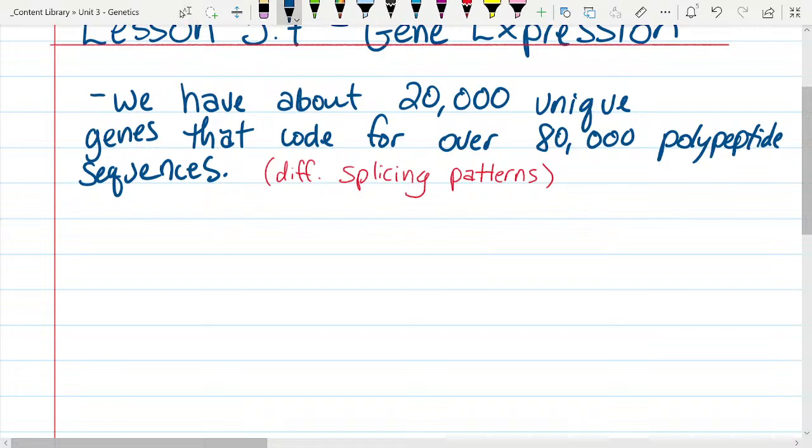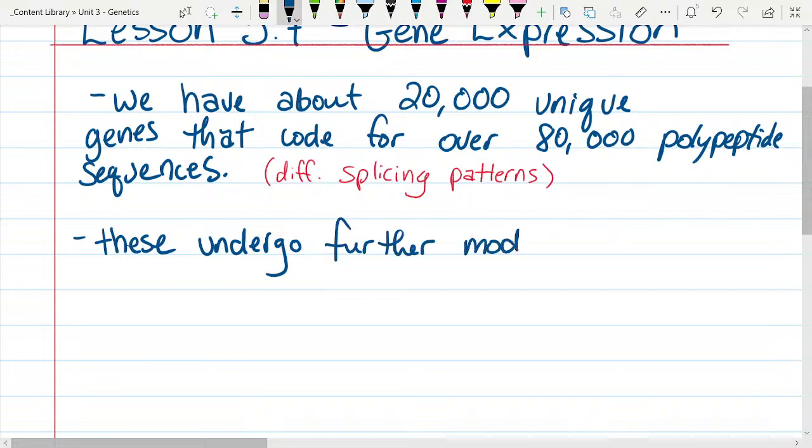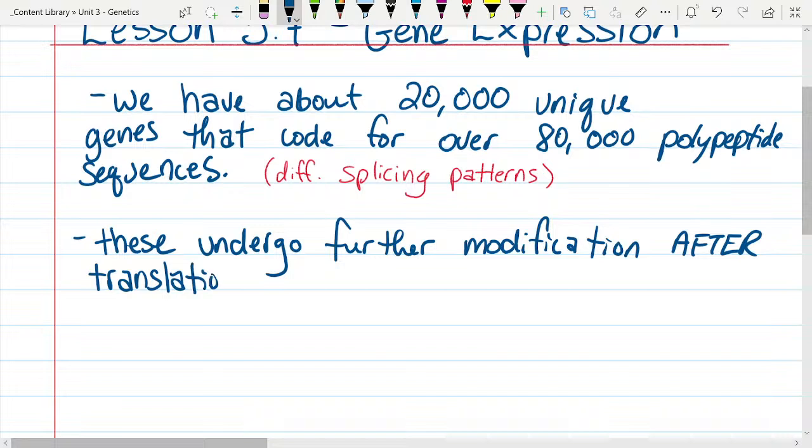Now, these undergo further modification after translation, i.e. once they are polypeptides. Which gives us more unique proteins.